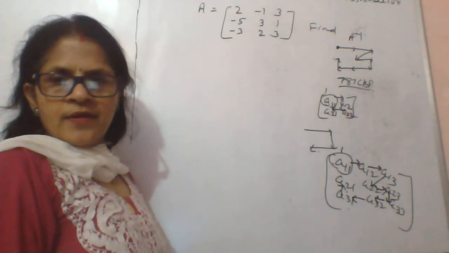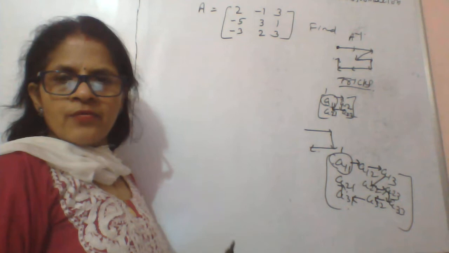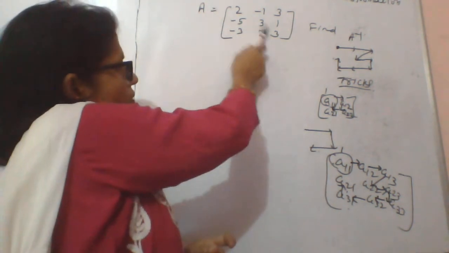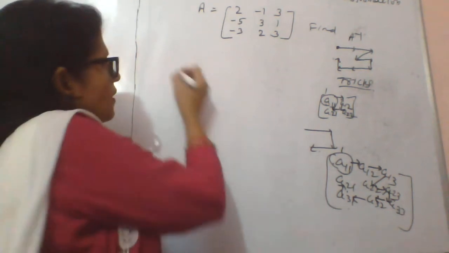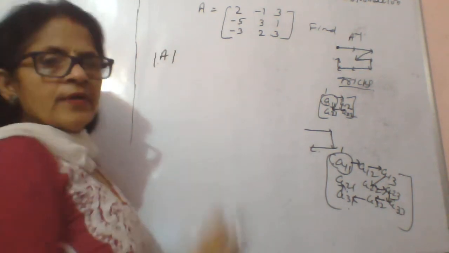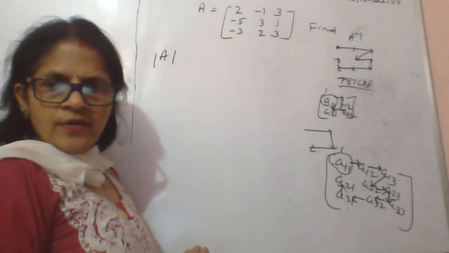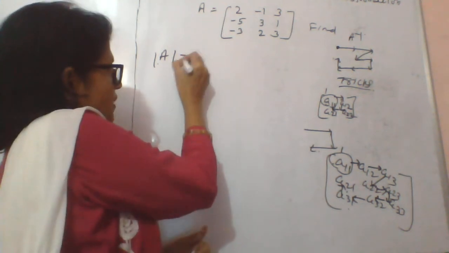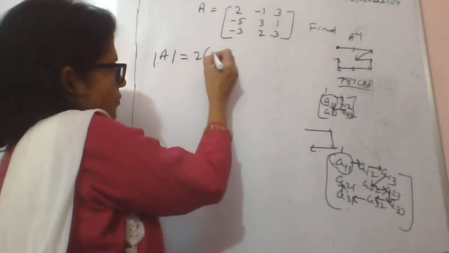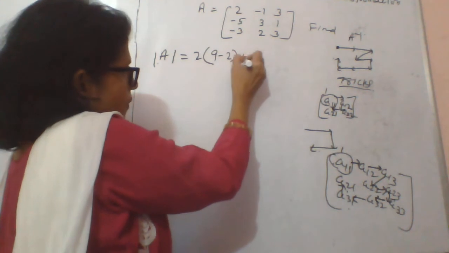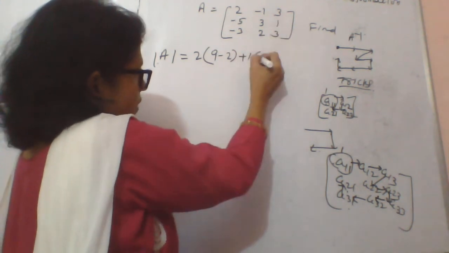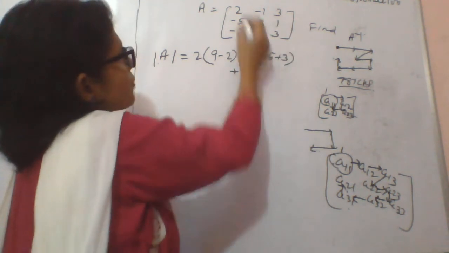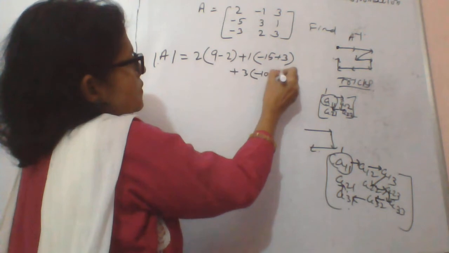Let's see by following this path whether our work is becoming easier or not. So A equals this, right? Before evaluating A inverse, let's check whether A is a singular or non-singular matrix. Taking the determinant of A: 2 into 9 minus 2, plus 1 into minus 15 plus 3, into minus 10 plus 9.